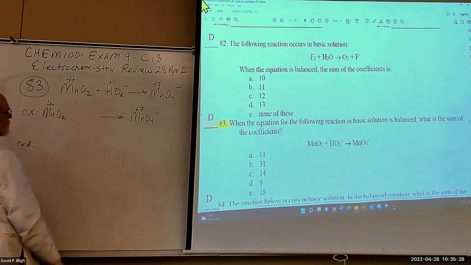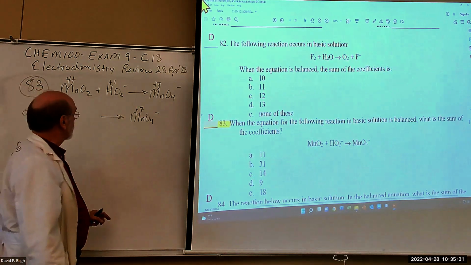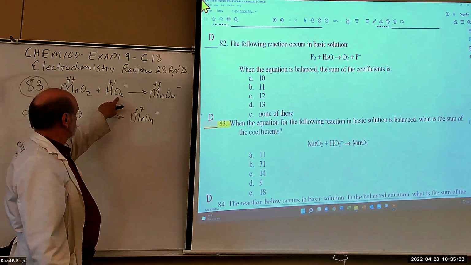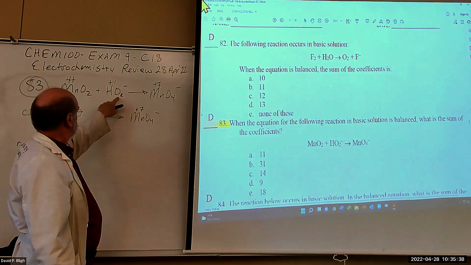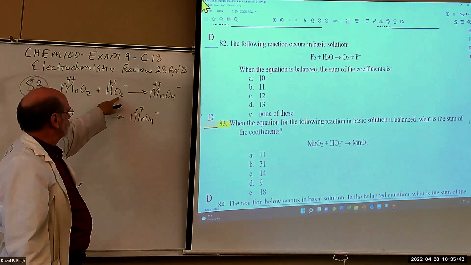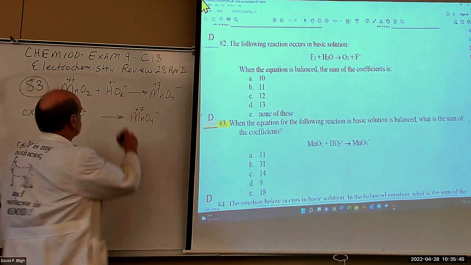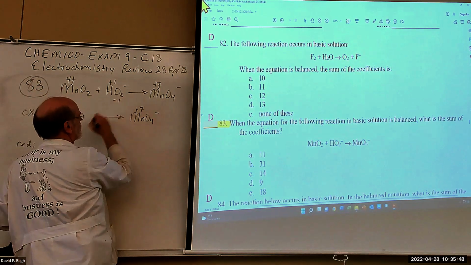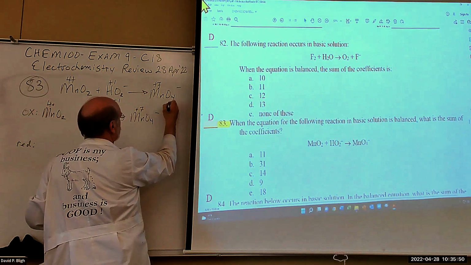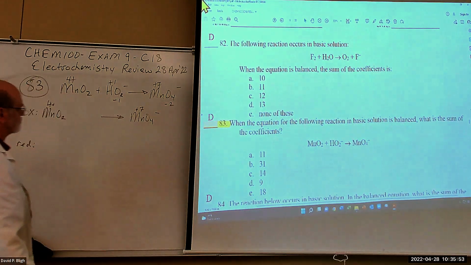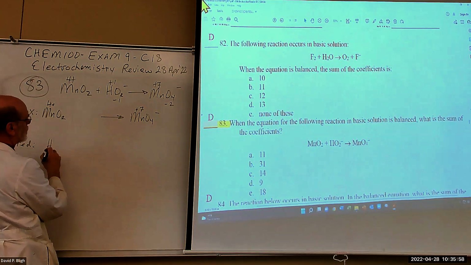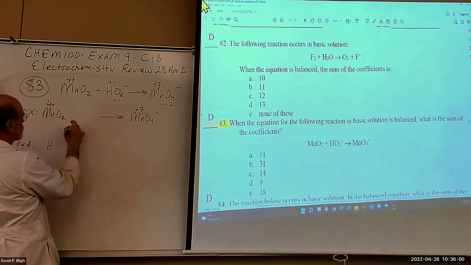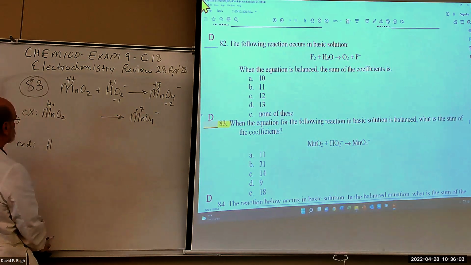What's the reduction step? It looks to me like oxygen is going from a -1 to a -2. So this one we had to add electrons. Oops.